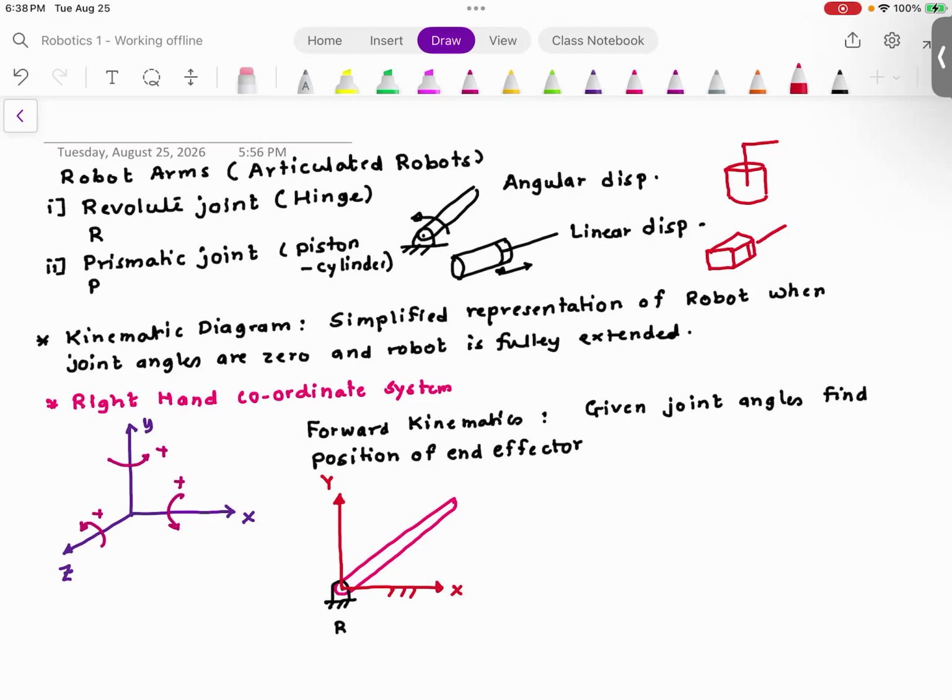Why is this fixed? Because I want to find out the location of the end effector in terms of the fixed or the inertial coordinate system. This is also called the fixed or inertial coordinate system.